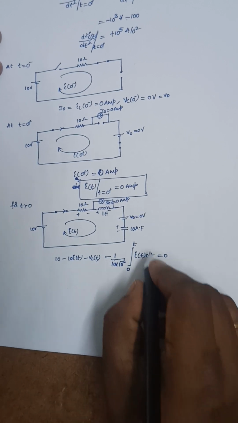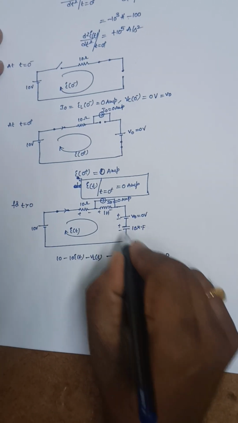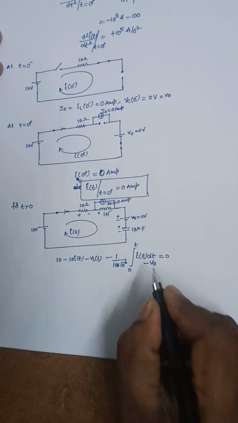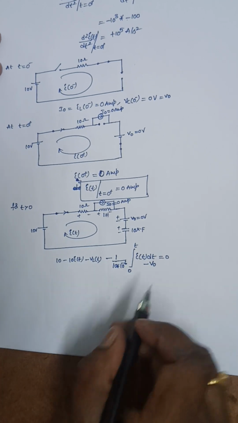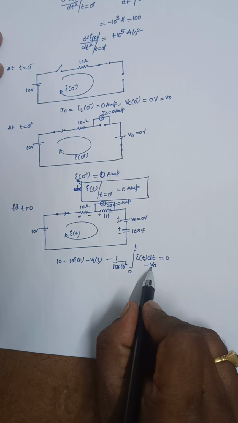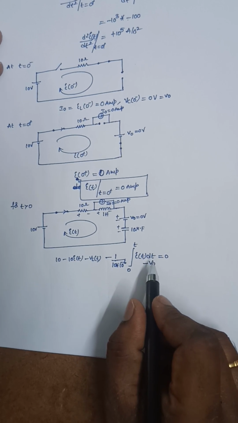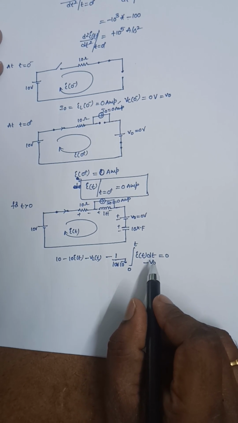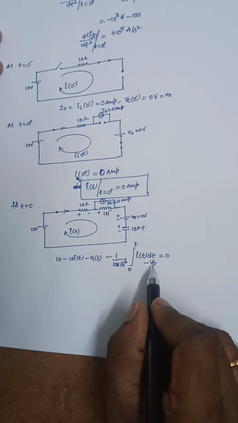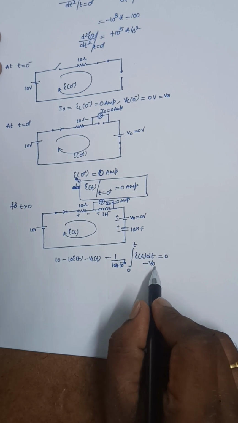Write this minus V naught also, because in this case V naught is 0. Some cases are there in which the initial voltage is also present, so I need to consider this V naught also.